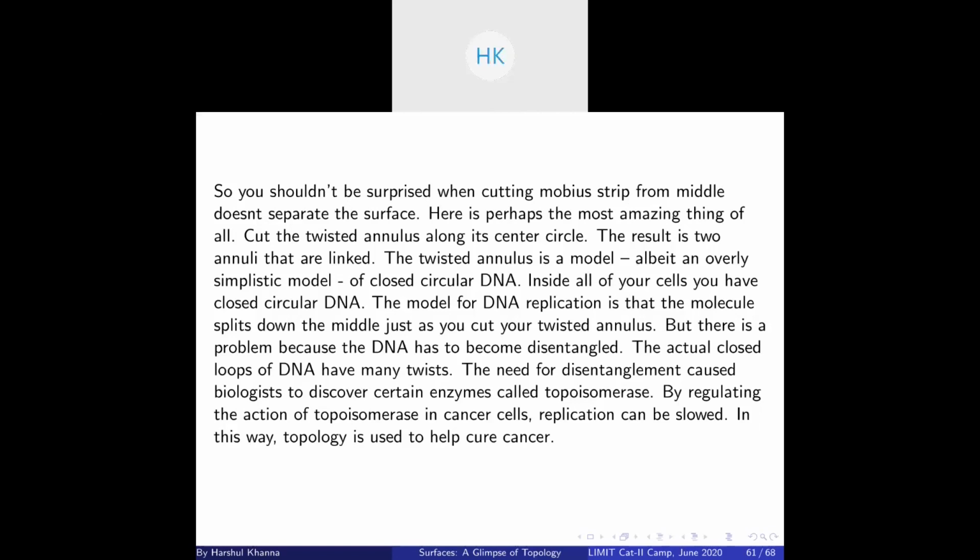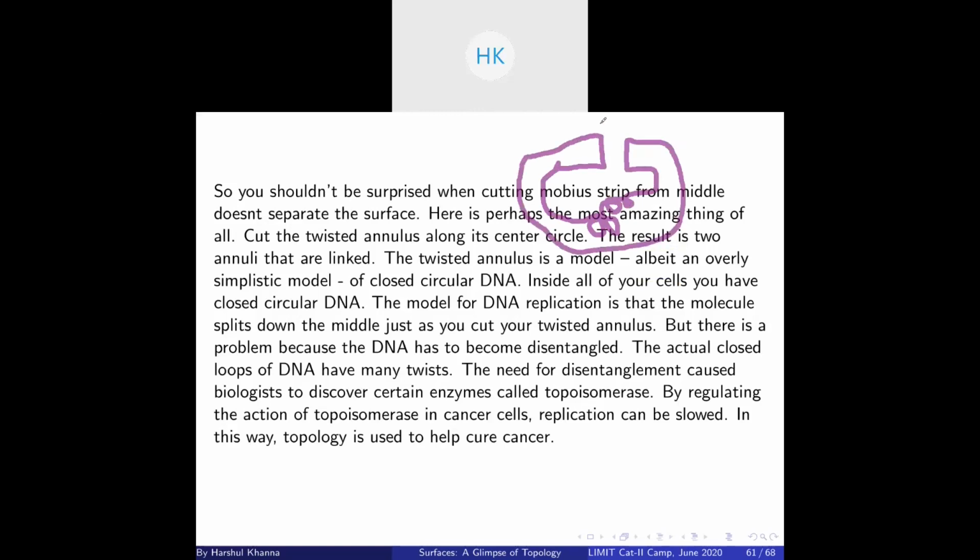So here is perhaps the most amazing thing of all. Let's see one more explanation of why cutting along the middle does not separate a Mobius strip, but does separate a strip with, let's say, one full twist. Suppose you have this paper with whatever number of twists.